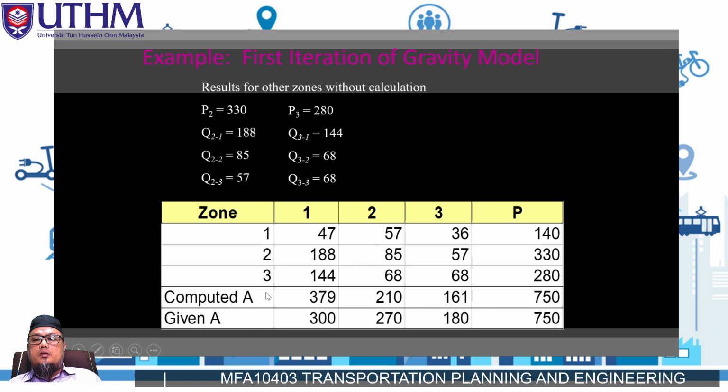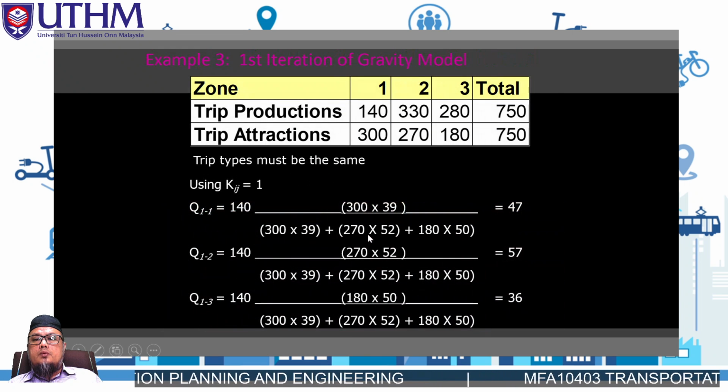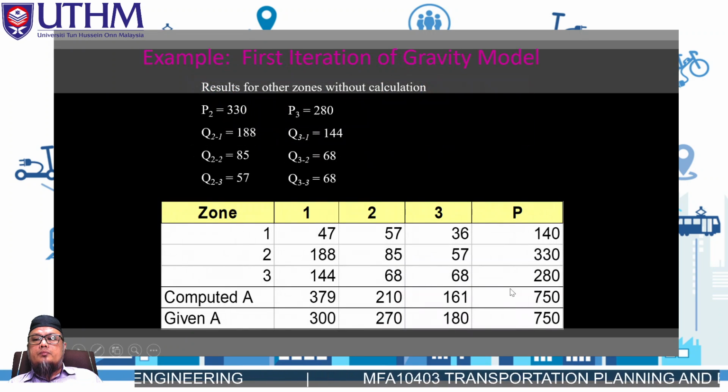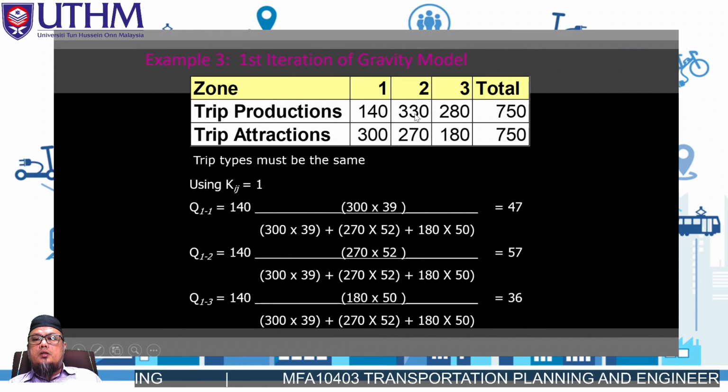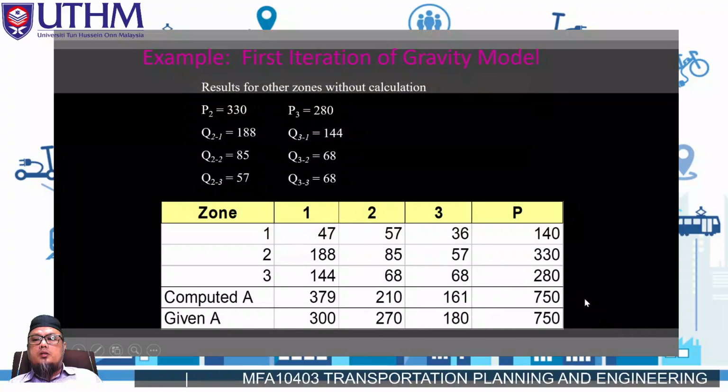Okay, compute A, where we get totals of 307, 220, 270 and 180 in terms of the given data. The original data is 300, 270, 180, and for this one 140, 330 and 280.